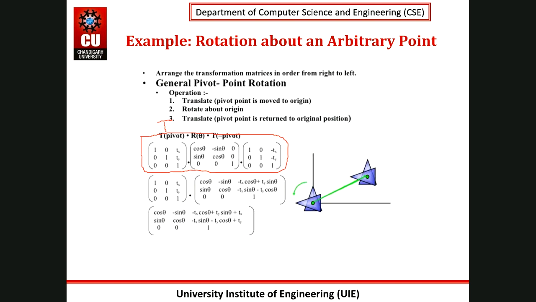Here the direction I am rotating is the anti-clockwise direction. Remember one thing, when I am choosing the anti-clockwise direction, it means I have to choose the column vector. This is the rotation matrix, and the third matrix will be this one. This is T raised to power minus 1.